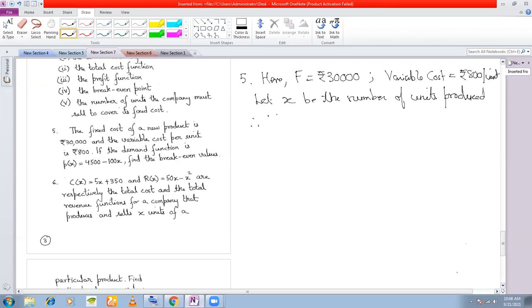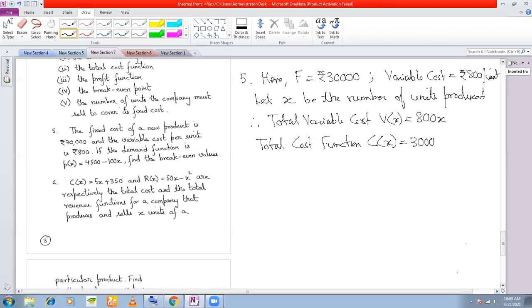Therefore total variable cost Vx is 800x. Total cost function Cx is equal to fixed cost plus total variable cost.